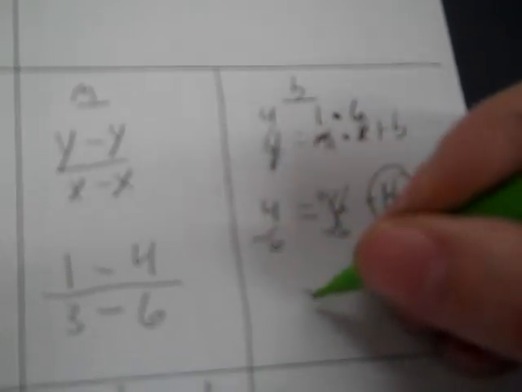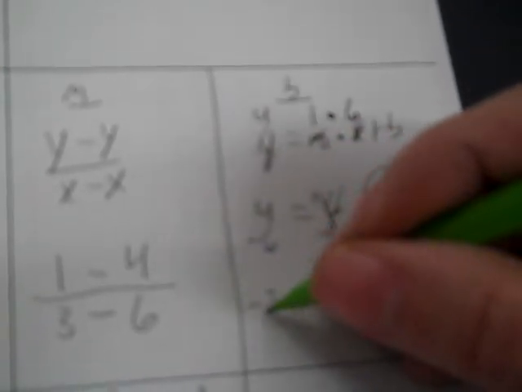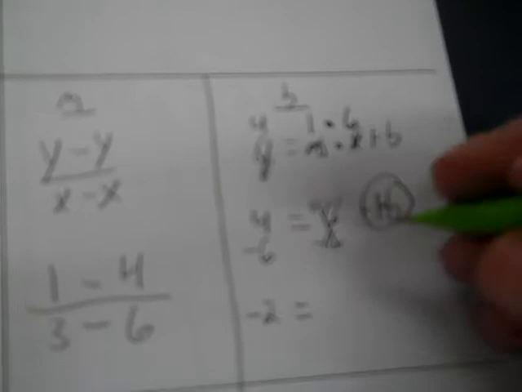I put the 1 in front and circle it. Now that's 6. If it doesn't have a sign, it's a plus. So we need to switch it to minus. So minus 6. Minus 6. Drop the equals. 4 minus 6 is negative 2. 1 dot b is just b. Y equals 1x plus negative 2.